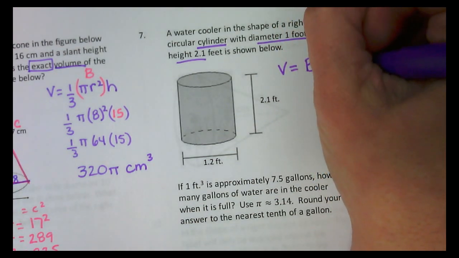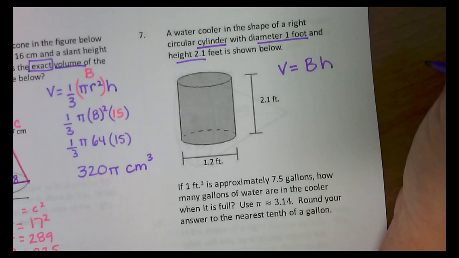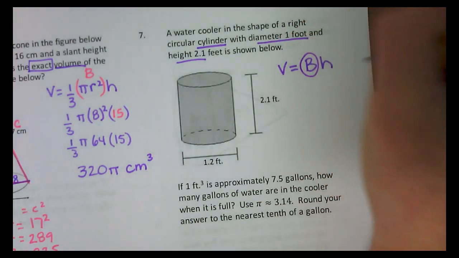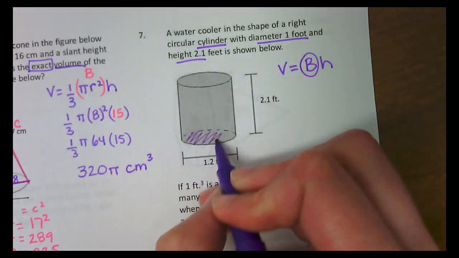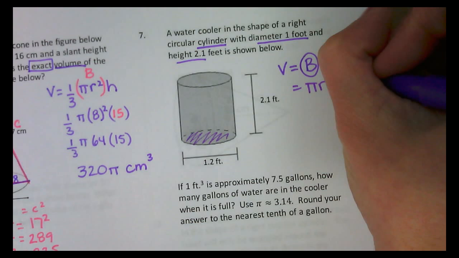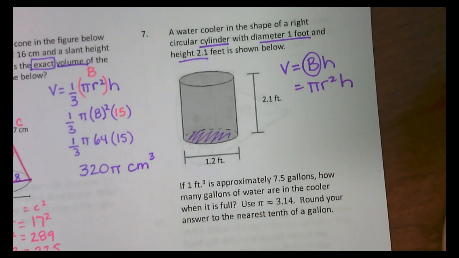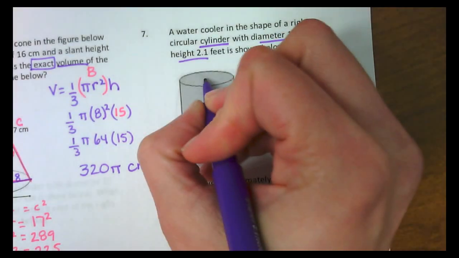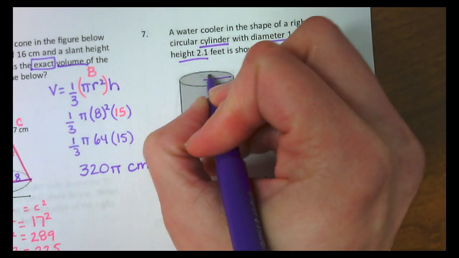Volume on your reference sheet is going to say big B times H. The big B, this part, is the base. It's a circle. So I have to fill that in with pi r squared because that's the formula for area of a circle. I need my r. If my diameter is 1.2, my radius is going to be 0.6.